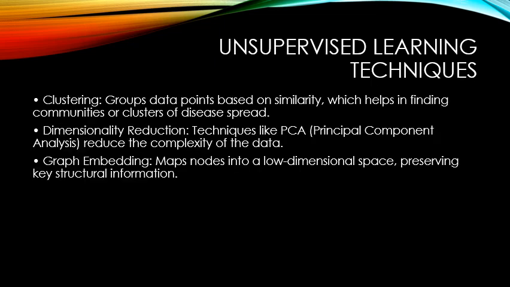Unsupervised learning techniques: clustering, dimensionality reduction, and graph embedding. These are three types of unsupervised learning techniques. Clustering groups data points based on similarity, which helps in finding communities and clusters of disease spread.